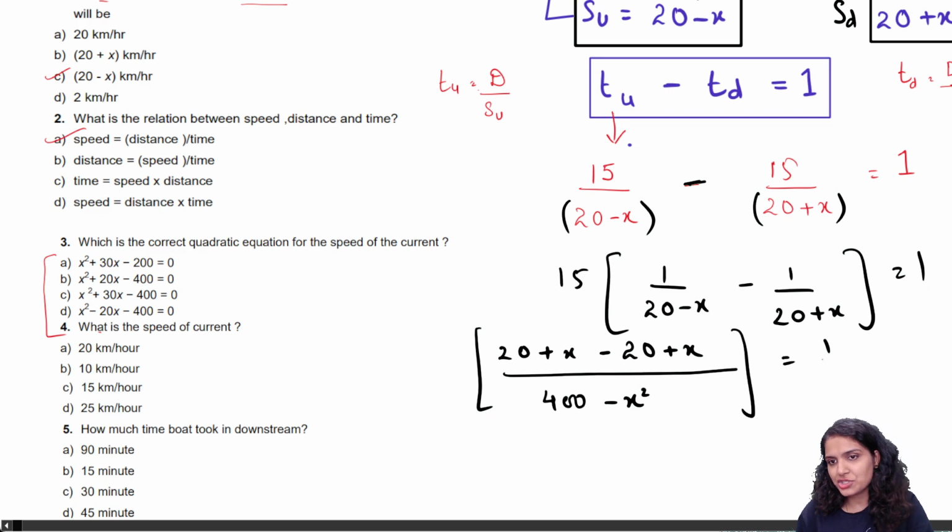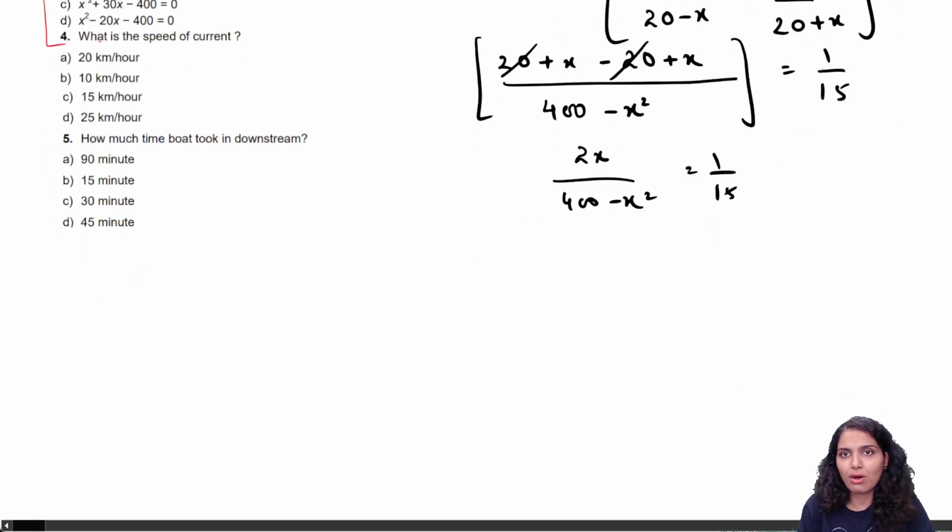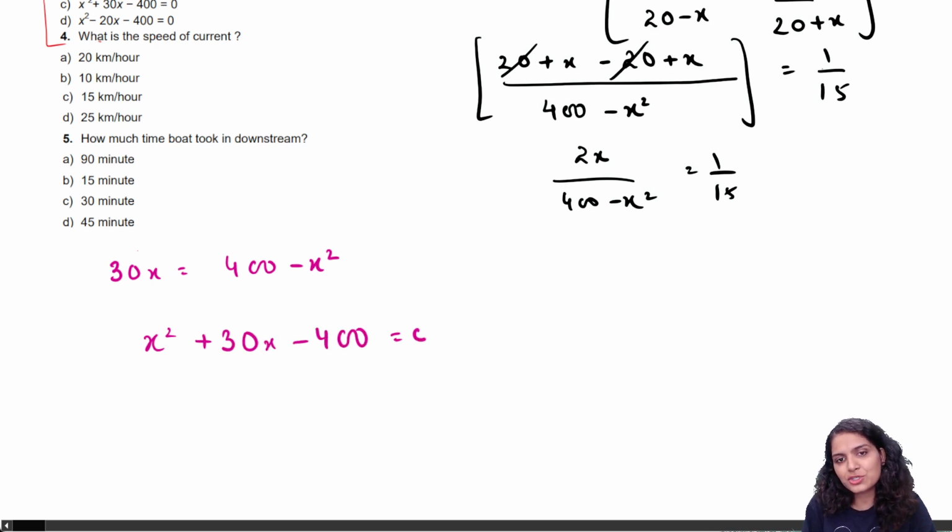Or I can just transpose this here and cancel, and I'm left with 2x upon 400 minus x square is equal to 1 upon 15, which gives me an equation of 30x is equal to 400 minus x square. Yes, I can transpose it to the left side and it will be x square plus 30x minus 400 equals 0.